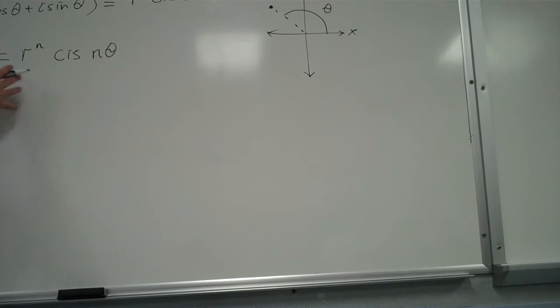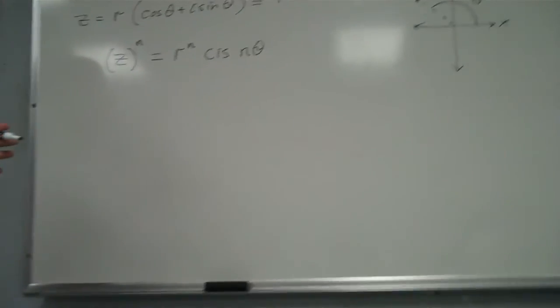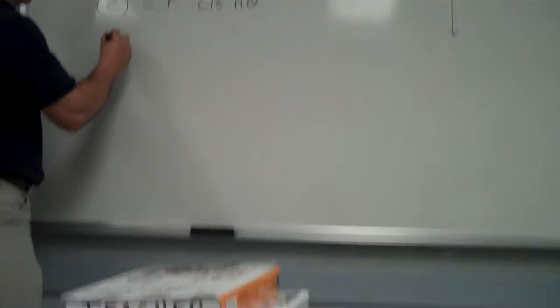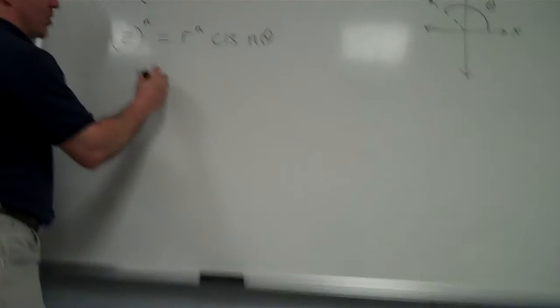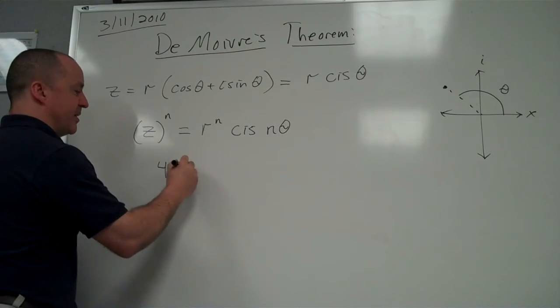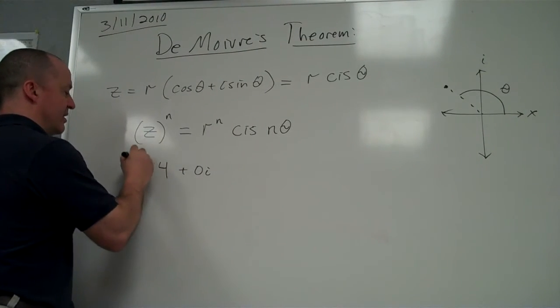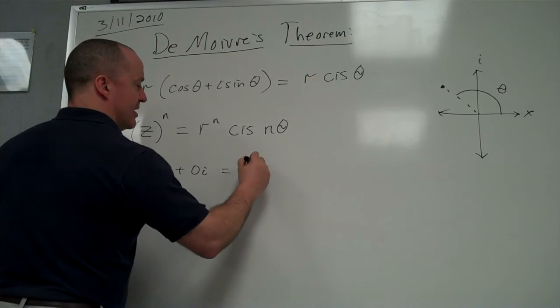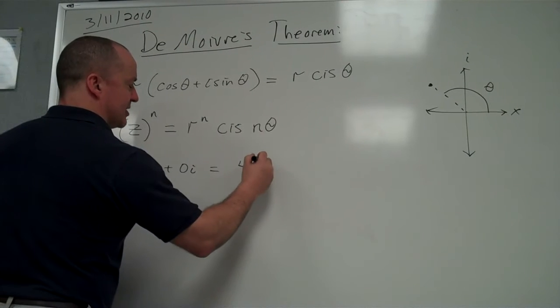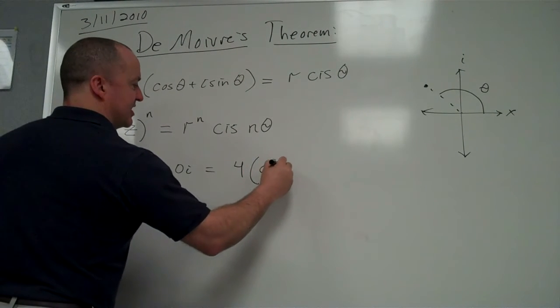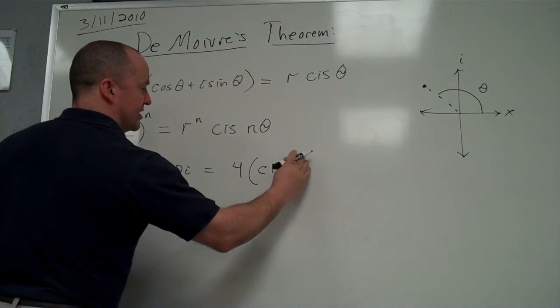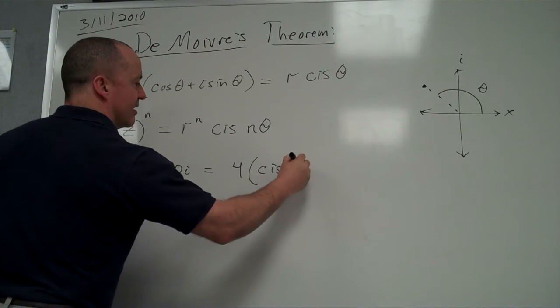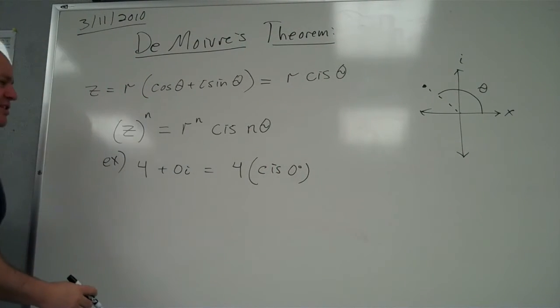Okay, so here's what this looks like. This is one of those things that's so weird, I like to test it on normal numbers first to see if it works. So for example, if I have 4 plus 0i, in polar form, that's 4 units away from the origin, and that's cis 0 degrees, right? That's just sticking out there on the x-axis.